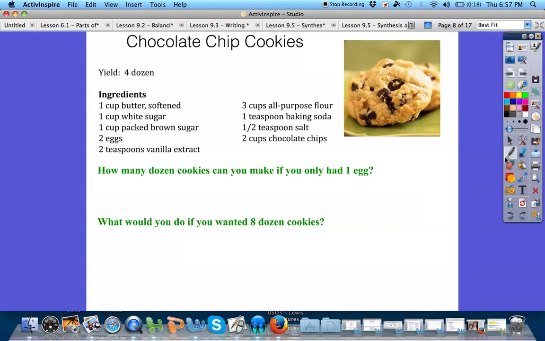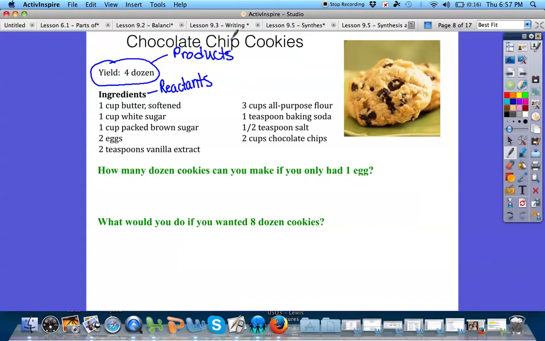A recipe is like a chemical equation. The ingredients are the reactants. And this says that it yields 4 dozen cookies. So after the yield arrow comes the products. The cookies are the finished product in this chemical reaction.